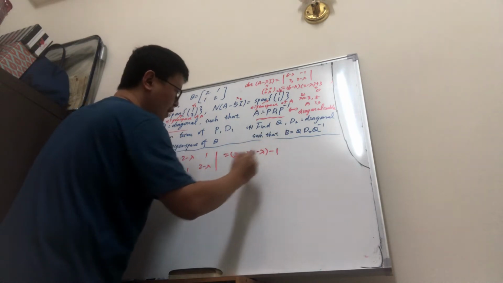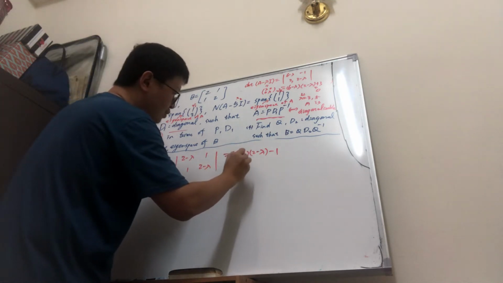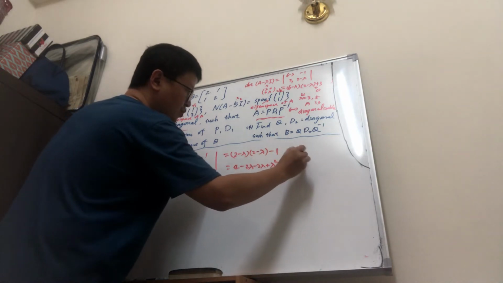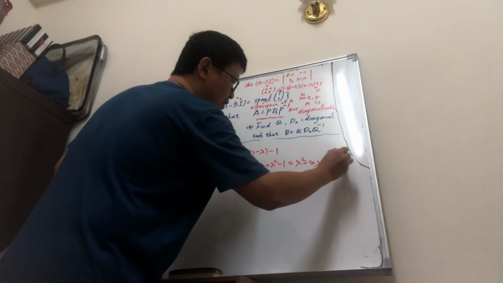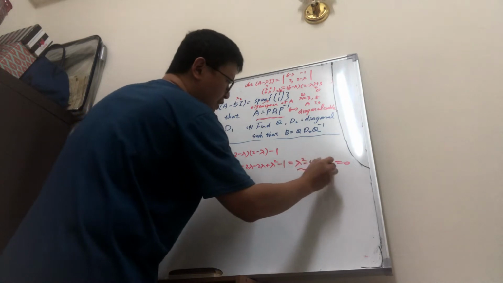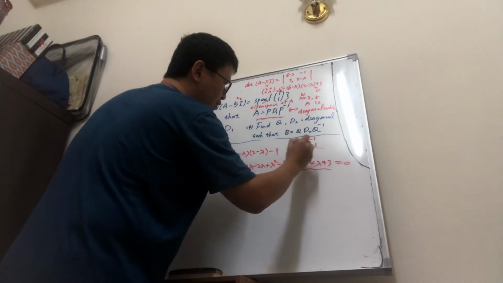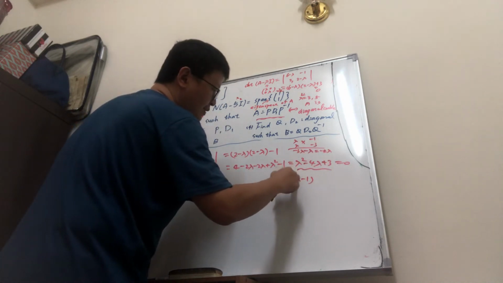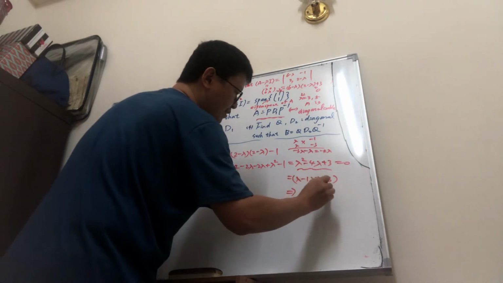Expanding, it's 4 minus 2 lambda minus 2 lambda plus lambda squared minus 1. So it's lambda squared minus 4 lambda plus 3 equals 0. Using the cross method, it's (lambda minus 1)(lambda minus 3). So lambda equals 1 and 3.